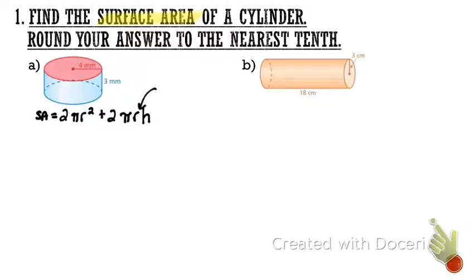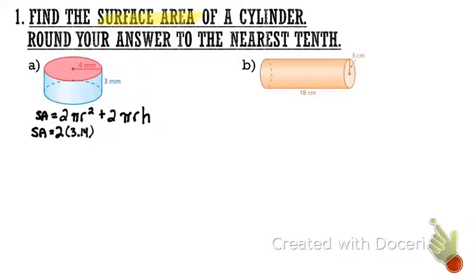Notice we're not squaring the r on that one, so that's something you want to memorize. So now we're going to talk through plugging some things in. Surface area equals 2 times pi, and we're just going to use 3.14. As you're looking up here, this is focusing on the circle.